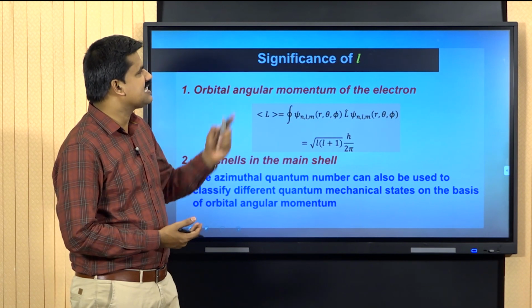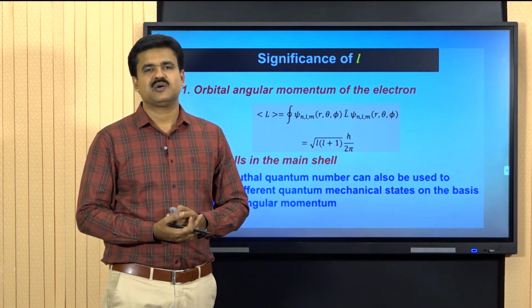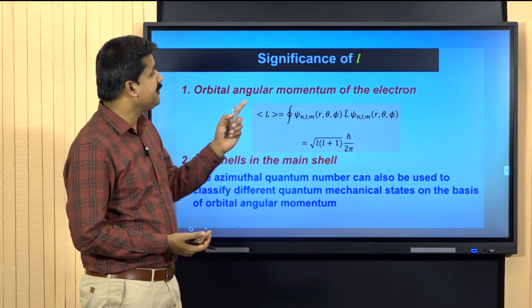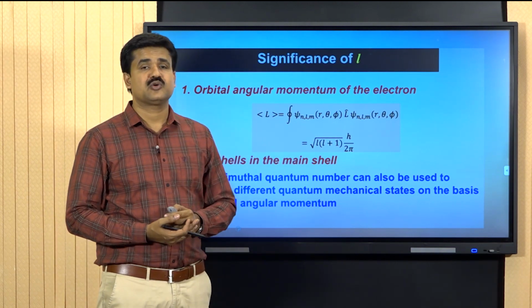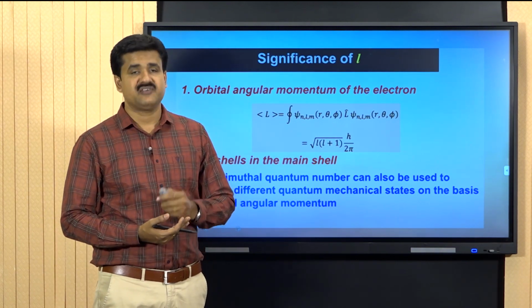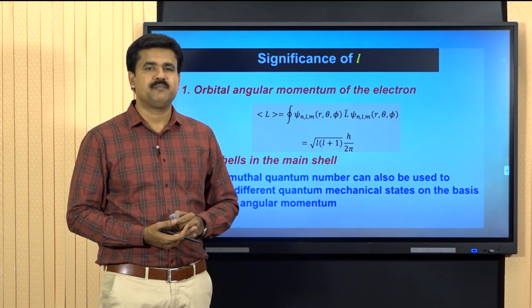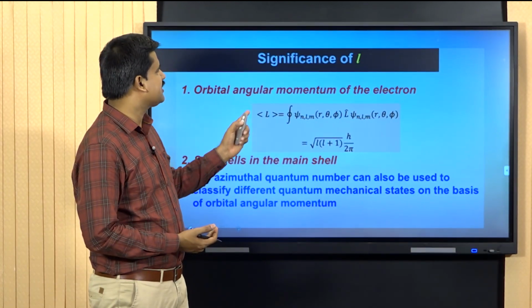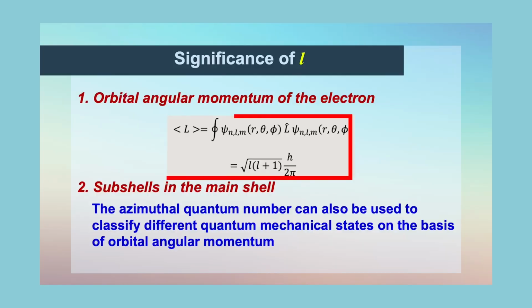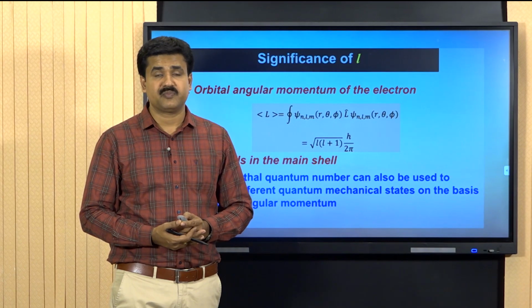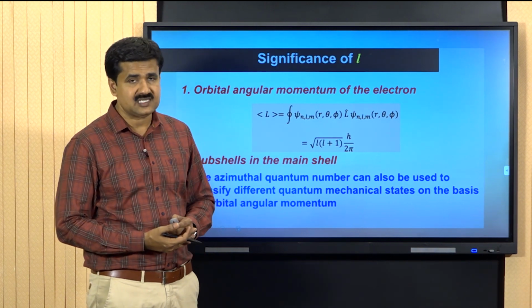Now, the significance of azimuthal quantum number L. Orbital angular momentum of the electron can be determined from the value of L. The average value of angular momentum L is represented as the volume integral of psi n l m (r, theta, phi) L hat psi n l m (r, theta, phi), where L hat represents the total angular momentum operator.